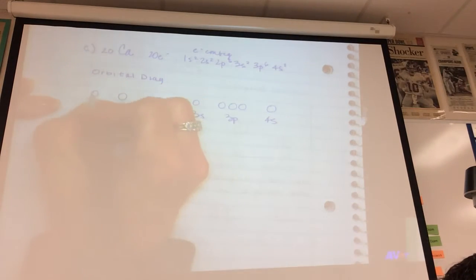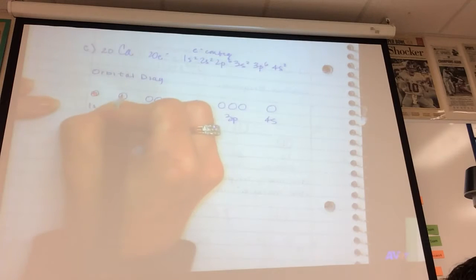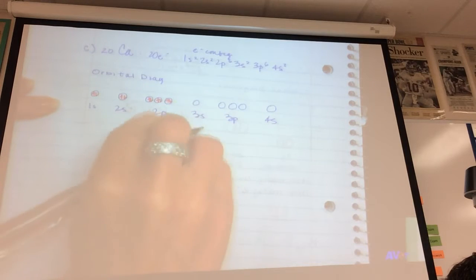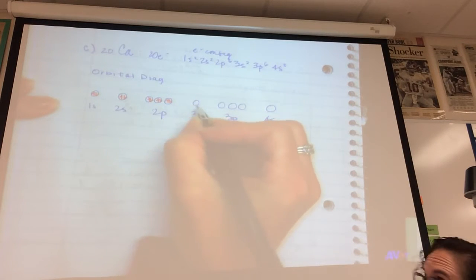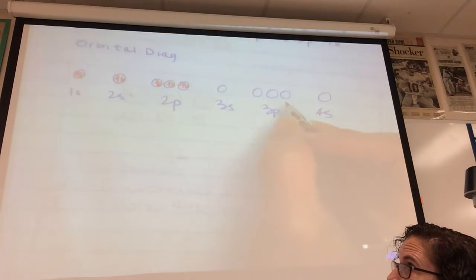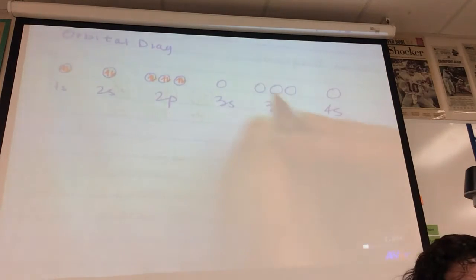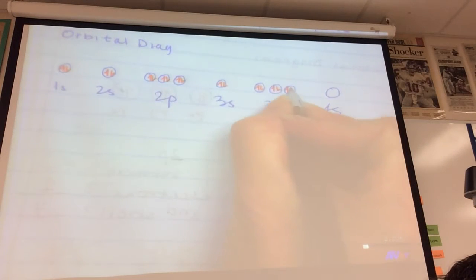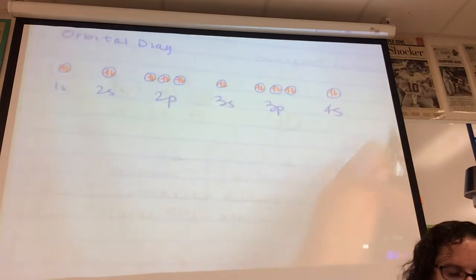And again, up, down, up, down, up, up, up, down, down, down. That got a little tight there. My circles are really kind of little. Can you see? I think I made them too little. Sorry. Up, down, up, up, up, down, down, down, up, down.